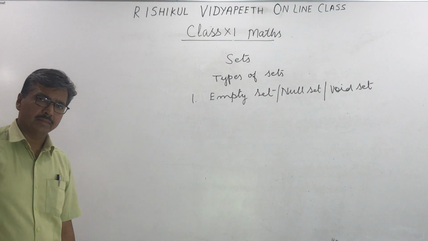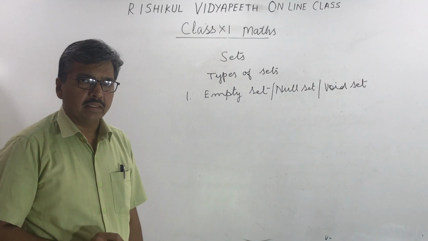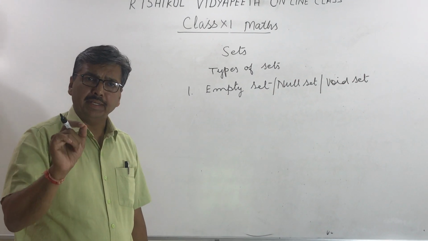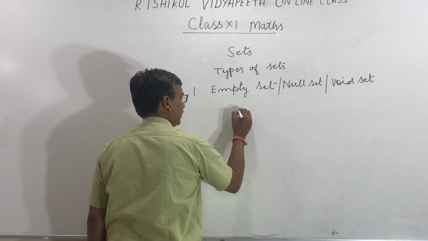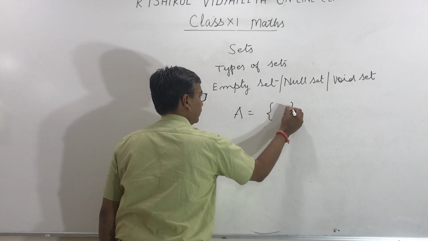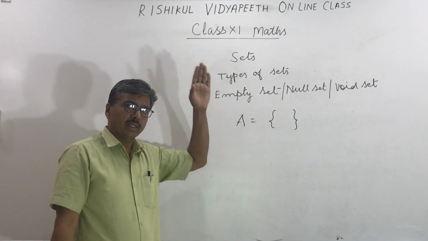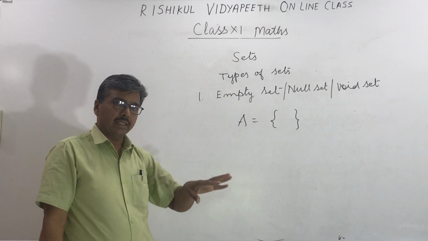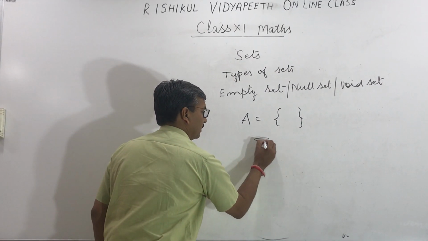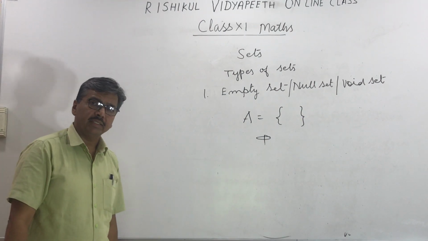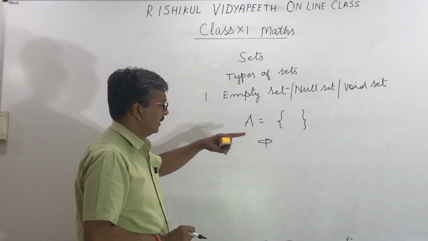What is an empty set? A set A is said to be empty if it does not contain a single element, and it will be written as A equal to this. This is the empty set. It does not contain any element, and there is a symbol for the empty set. This is called phi. We represent the empty set by this symbol.